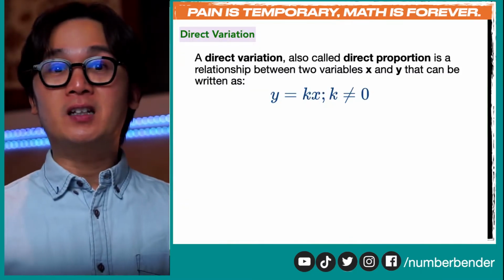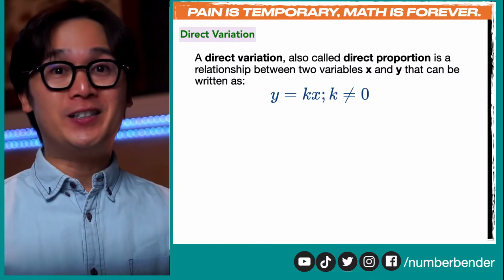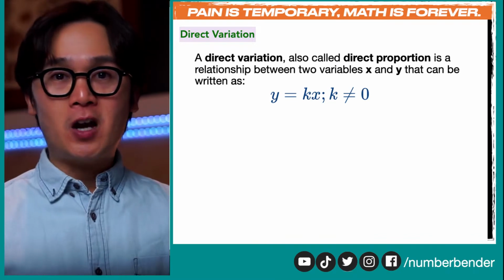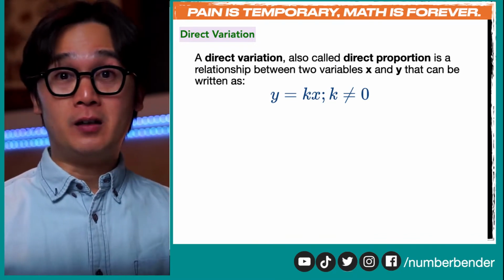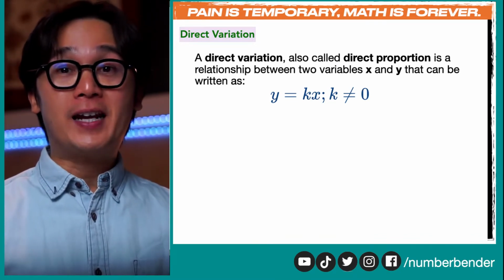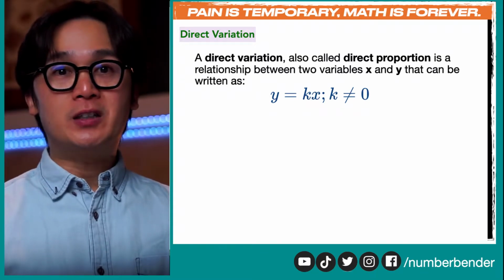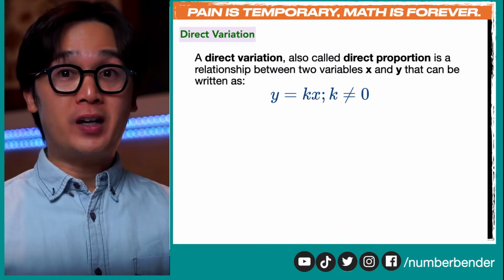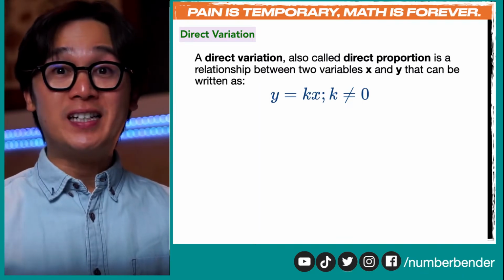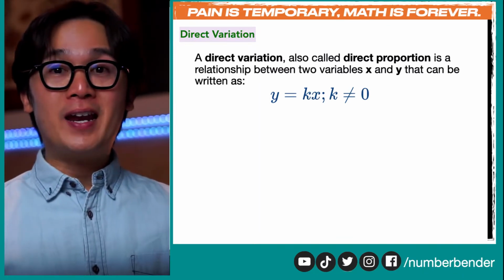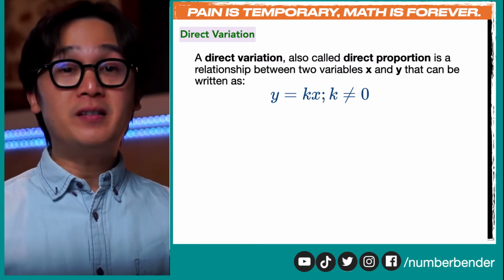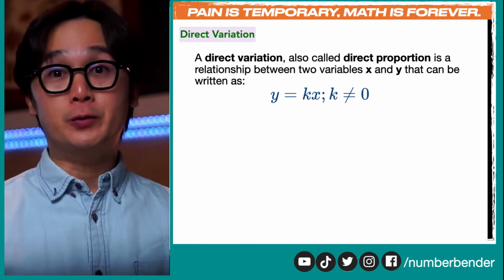And in this particular formula or pattern or relationship, we're going to be specifically talking about direct variation, also called direct proportion. In this relationship, we have x and y as our two variables, specifically quantitative variables, wherein in this equation, k, or our constant of variation, cannot be equal to 0.